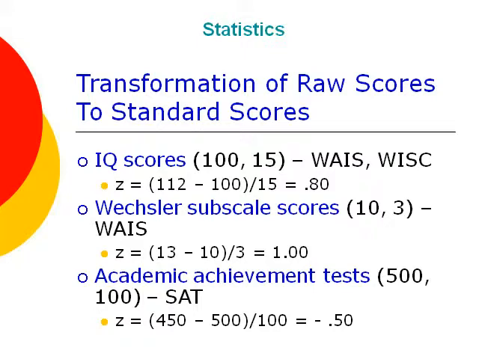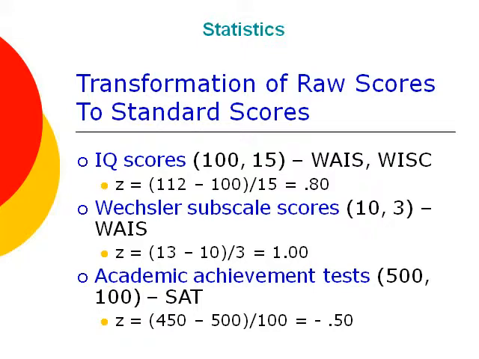We subtract 500 from 450 and divide by 100, which results in a score of negative 0.50. Tests such as the SAT use this standard score transformation strategy.